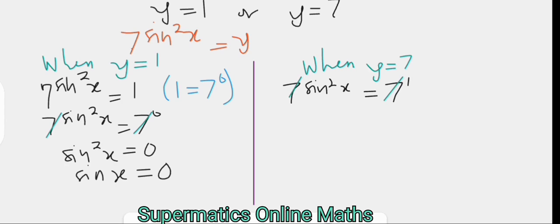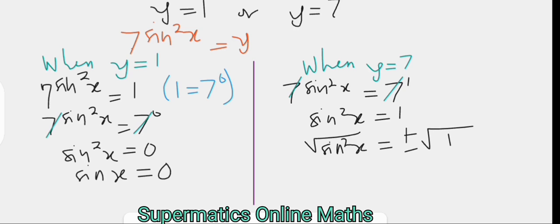Equating the exponent also will give us sine square x equals 1. Then we take the square root of both sides to have the square root of sine square x equals plus or minus the square root of 1. And this shows that sine x is plus or minus 1.